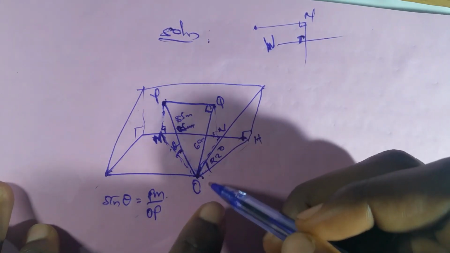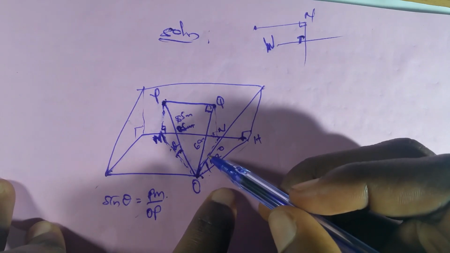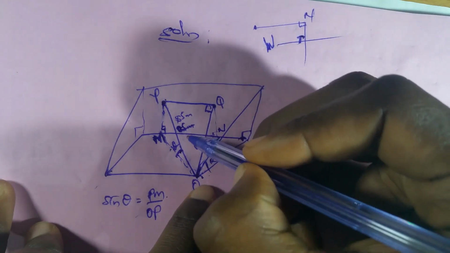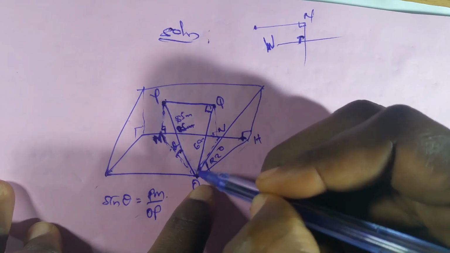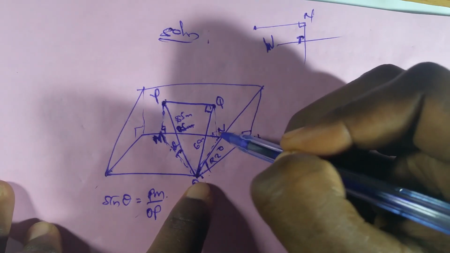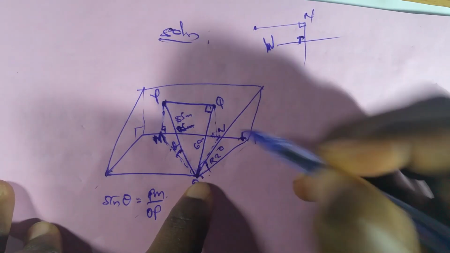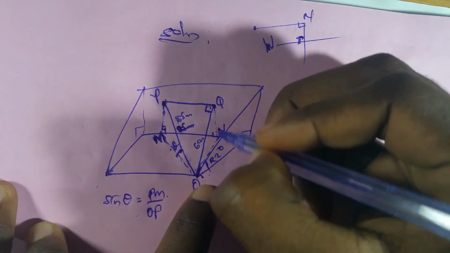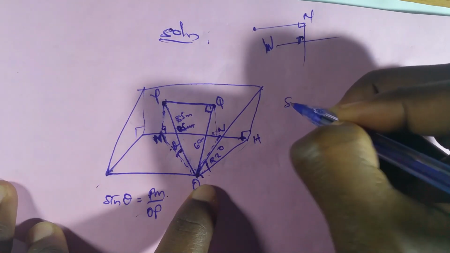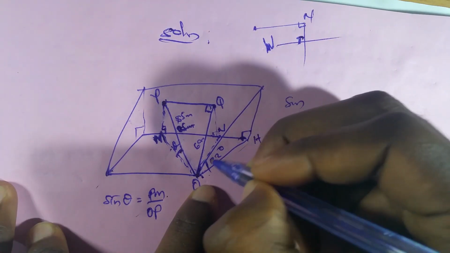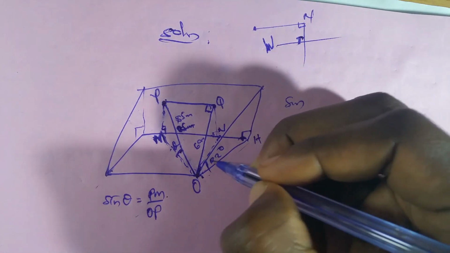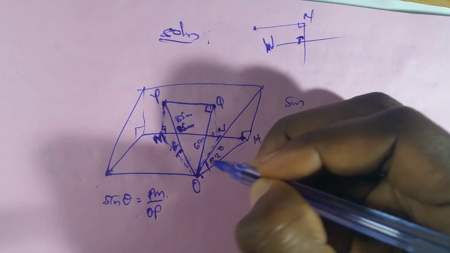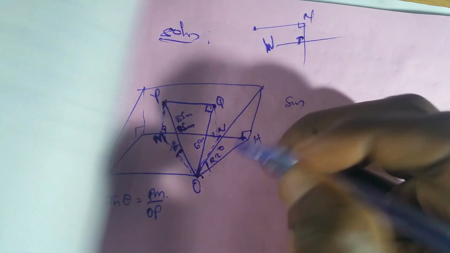OP is already 85, so PM we can get from here. We have here 60. We can get from QN. PM is the same as QN, that vertical height. So for QN, what can we have? That's opposite over hypotenuse, so it's sine. This still makes an angle of what? 22 degrees with the horizontal.